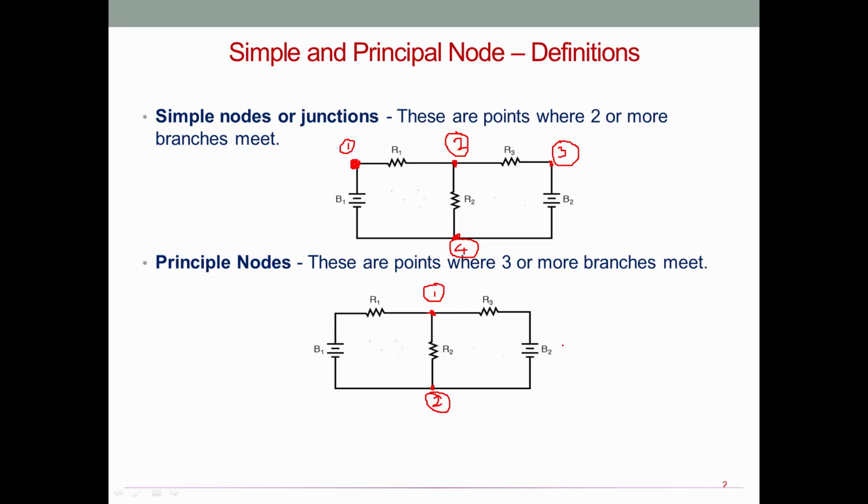Why should I choose principal node for the problem? In order to reduce complexity of the problem. Say for example, this node voltage is known to us, that is B1, and similarly node 3 voltage is B2.